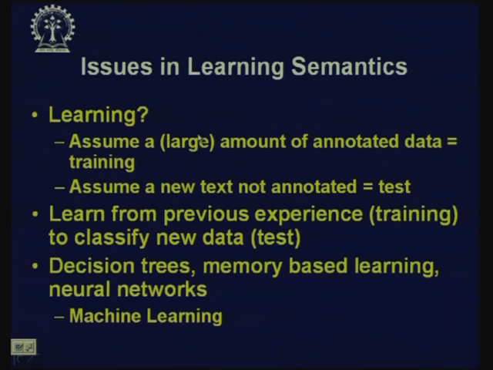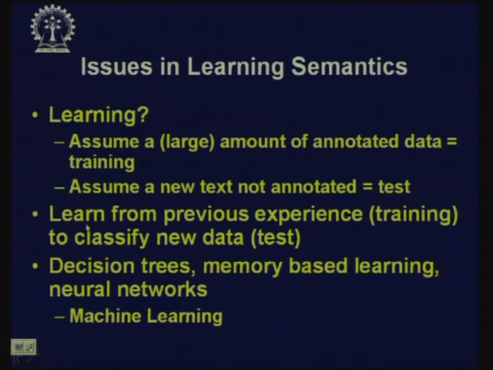Okay. Now, so we were talking of learning using learning algorithms that will learn the semantics. Now, what are the issues in learning the semantics? We can assume a large amount of annotated data for training, all right, and usually say we train our algorithm and then we take a new text which is not annotated, a set of new texts which will be used for the test.